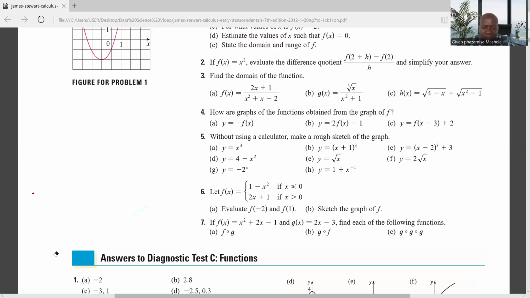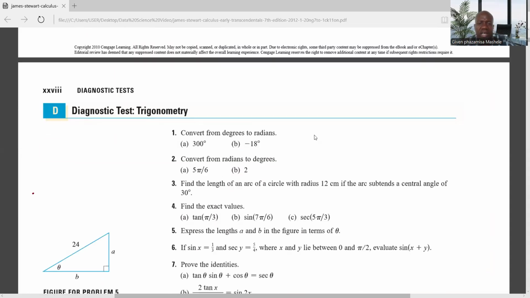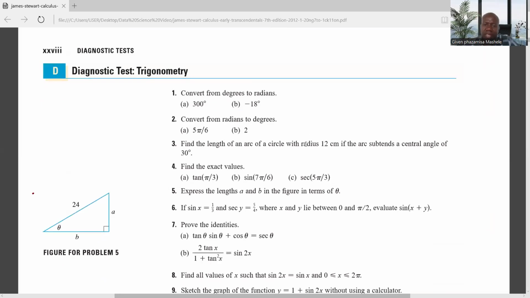And the other one is the issue of trigonometry. You see now they're saying we must convert degrees to radians. And how do you do that? 300 degrees to radians, you just say 300 multiplied by pi over 180.